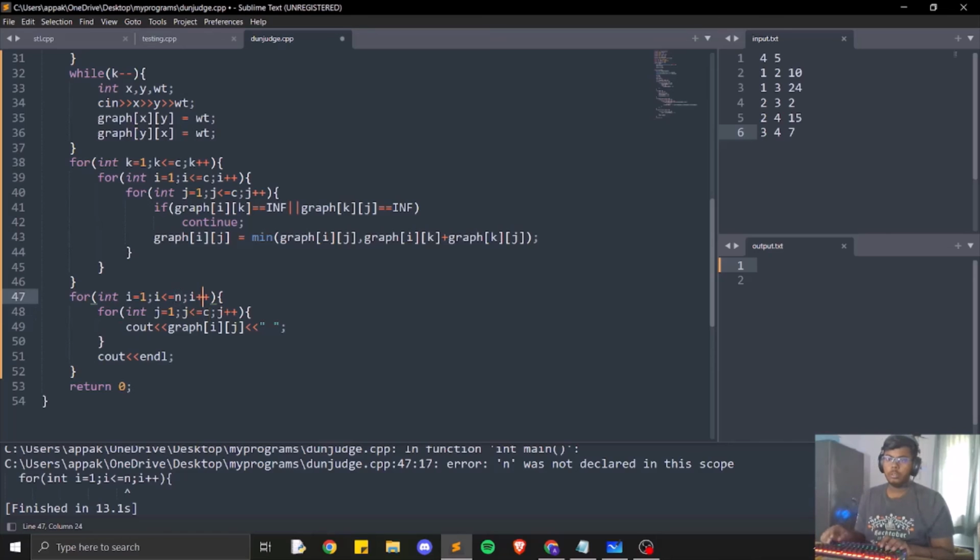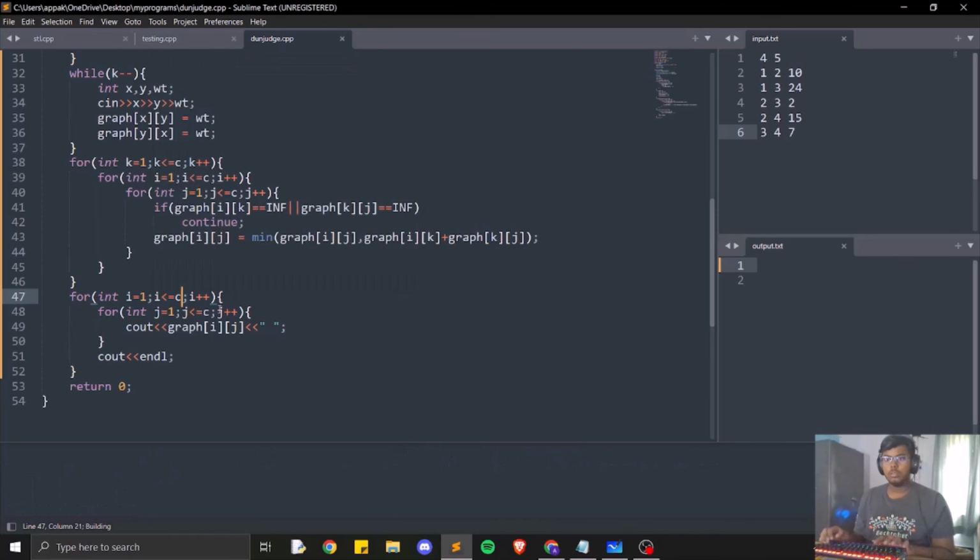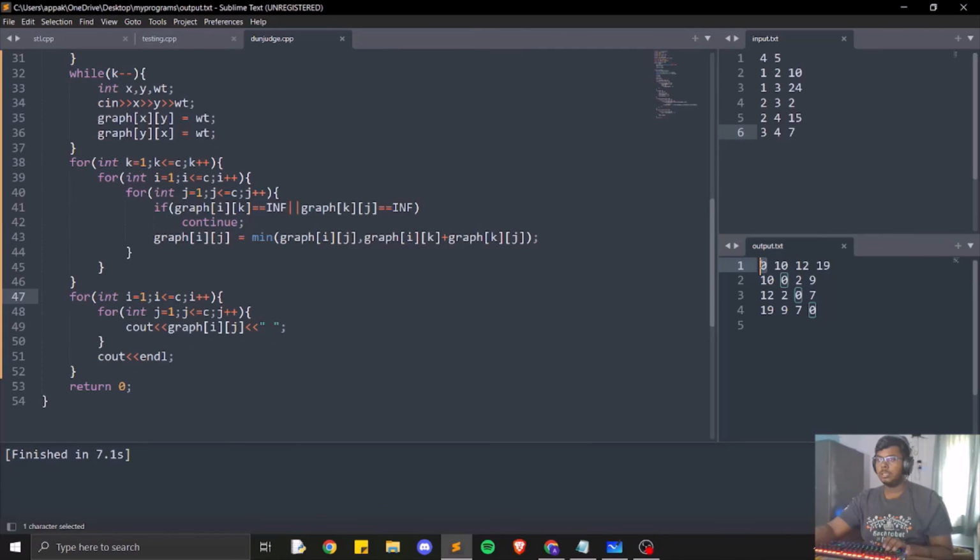So here it would be c actually, because c is the number of nodes. And see here, we have all the shortest paths between any two nodes. The shortest path between 1 and 1 is 0, between 1 and 2 is 10, 1 and 3 is 12, and 1 and 4 is 19.